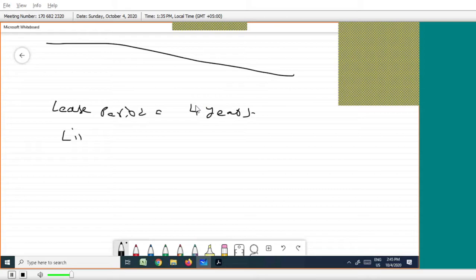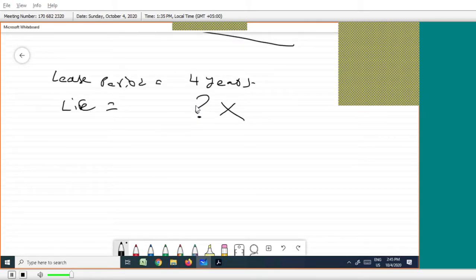Life of the asset is not given in the question. Then price, that is fair value, is given in the question. That is 16 lakhs.